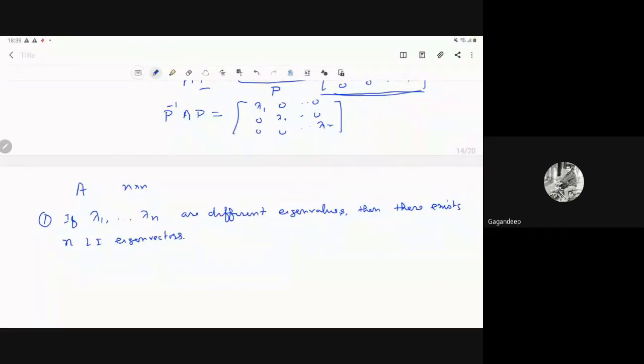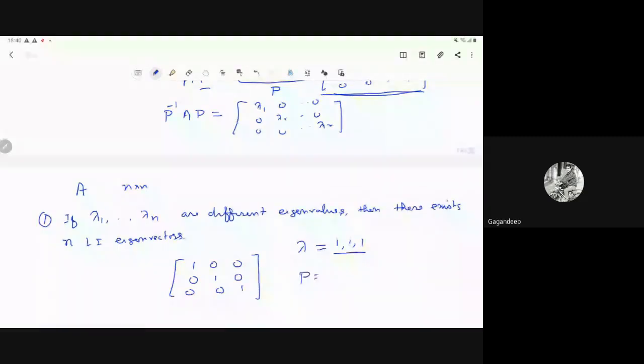The problem appears when some eigenvalue is repeating, as I told you earlier. For example, in the unit matrix, the eigenvalue is repeating 3 times. But in that case, you are getting 3 independent eigenvectors. So the unit matrix is diagonalizable, and the unit matrix of order 3 cross 3 is already in diagonalized form. What is capital P in this case?